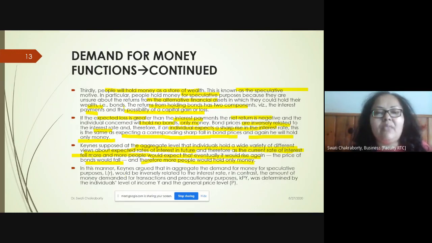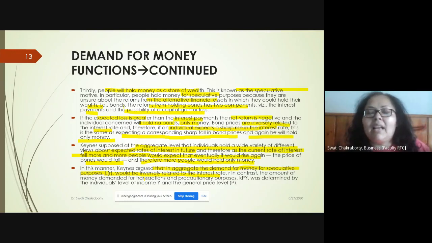In the same manner, Keynes said that in aggregate, the demand for money for speculative purposes, LR, where L is the speculative demand for money, is inversely related with the interest rate. If the interest rate goes on rising, less money on hand. If it is decreasing, more money on hand.